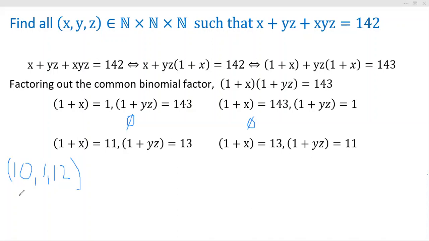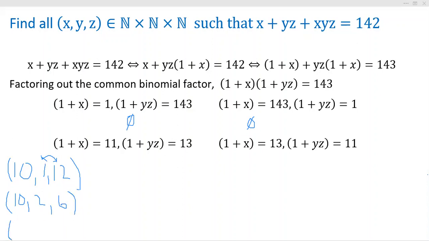Now, in a similar fashion, another ordered triple solution. And I should say you can write this in reverse order too. Just to save the writing here, we'll put the double arrow right here. We could also say 10, 12, 1 would be another solution. So there's actually 2 solutions here, 10, 1, 12, or 10, 12, 1. Now let's look at 2 and 6, which are going to get it done also. And also 3 and 4.